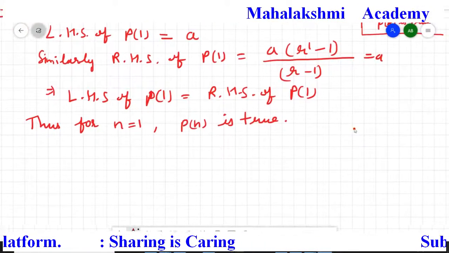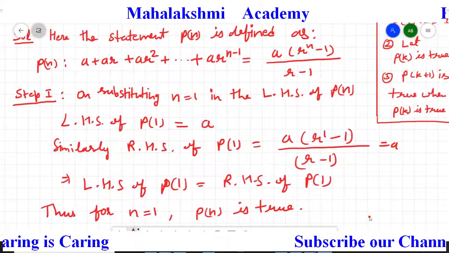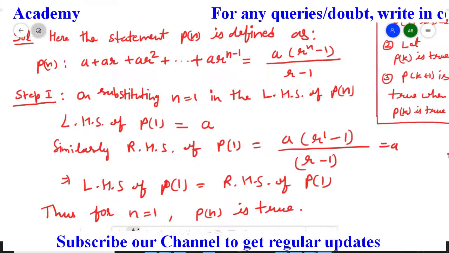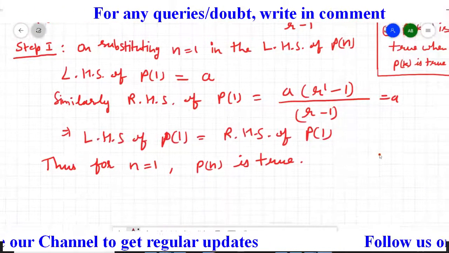So in the second step, just see what I wrote here. In the second step we have to assume that let the Pk statement be true. So instead of n we have to replace k.